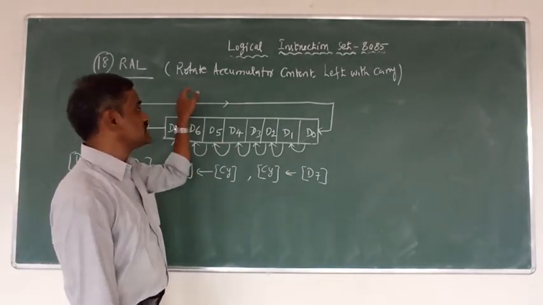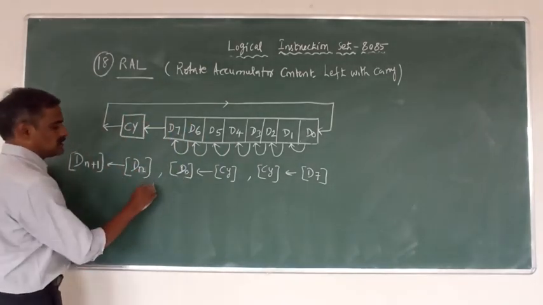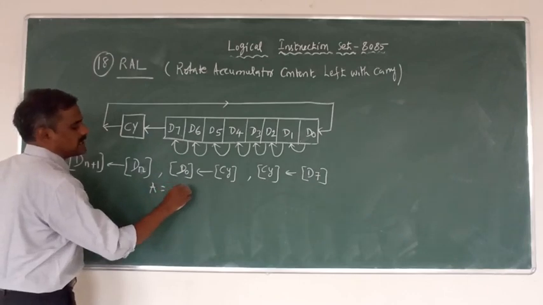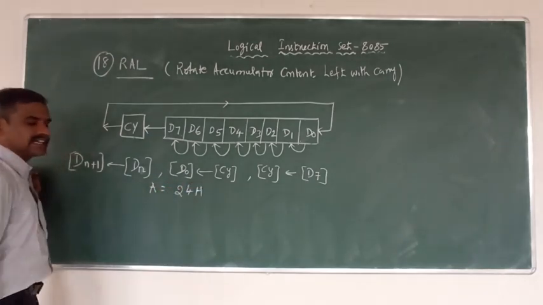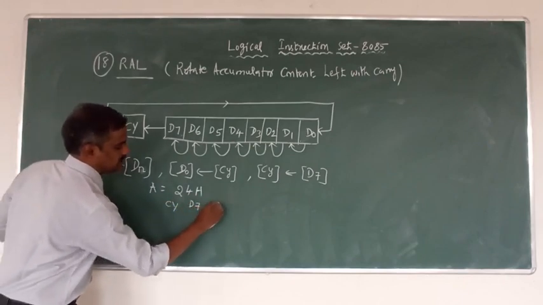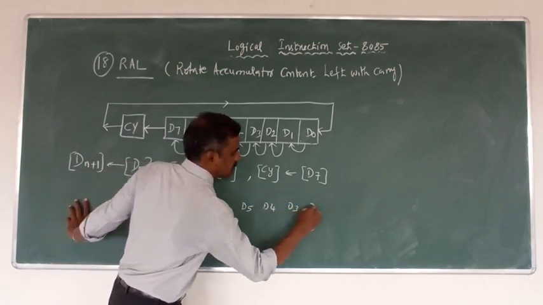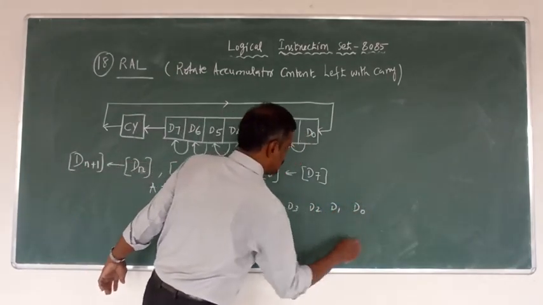For that, we have to use this type of instruction. Example, A equal to 24H, accumulator data 24H. This is for carry, position D7, D6, D5, D4, D3, D2, D1 and D0.